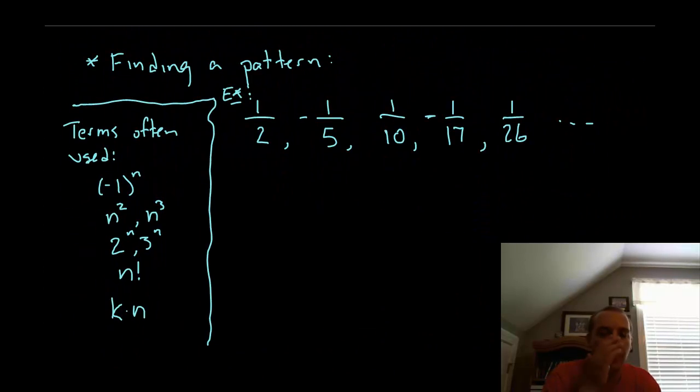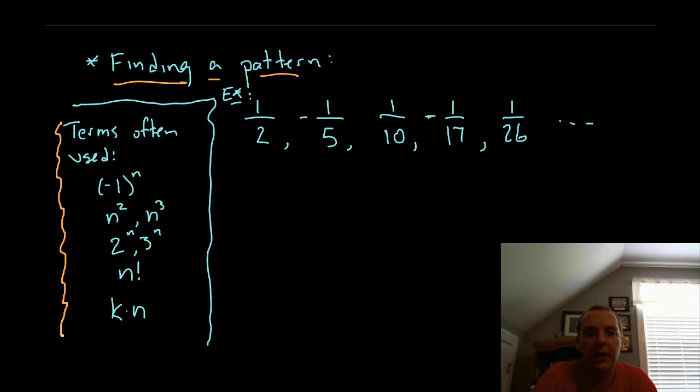All right, now here's another popular question that's asked a lot. They will ask you to find the pattern of a sequence that they provide for you. Now, I've taught this class a long time, so I kind of know the terms you can usually expect to see. Usually it's somebody in this list. These are terms that are often used.